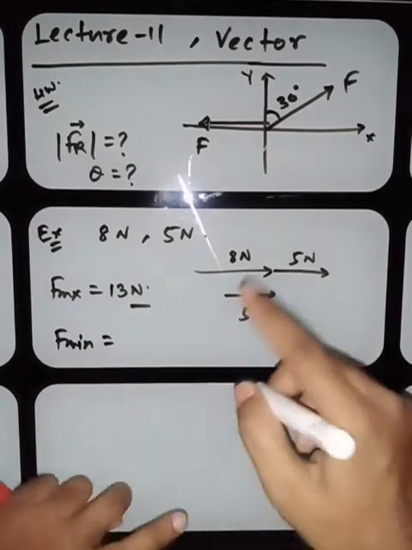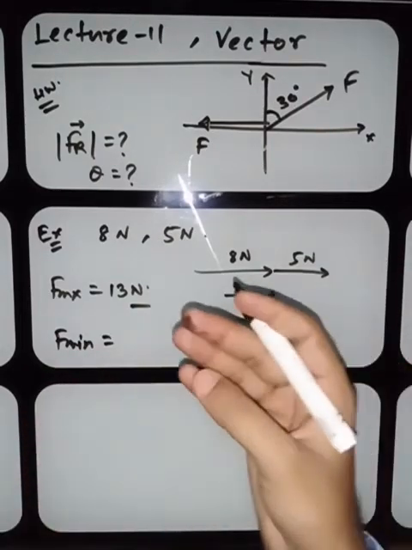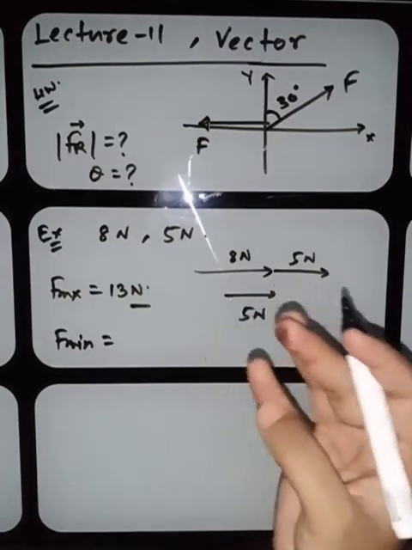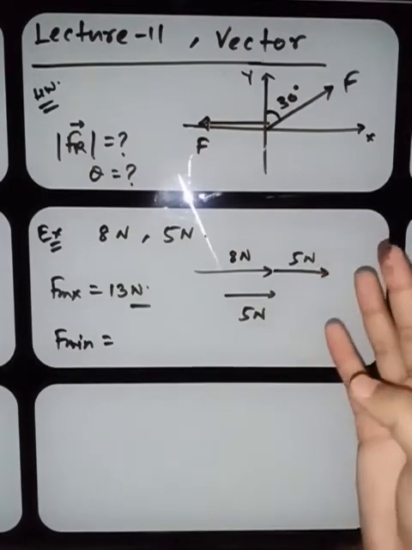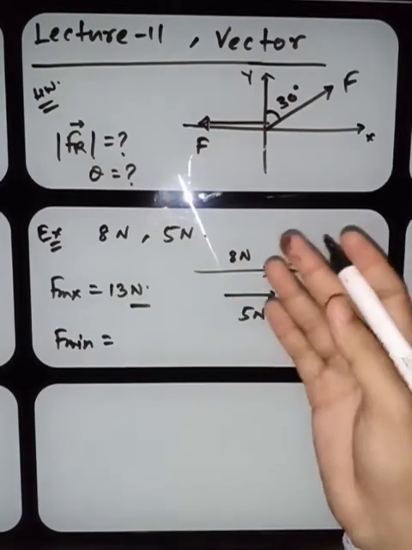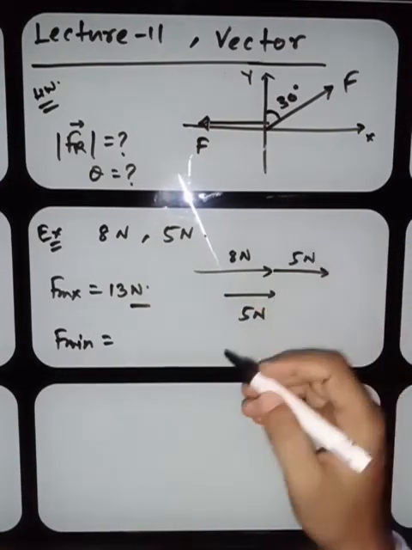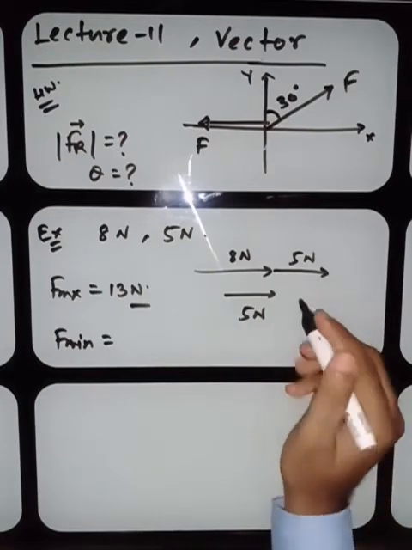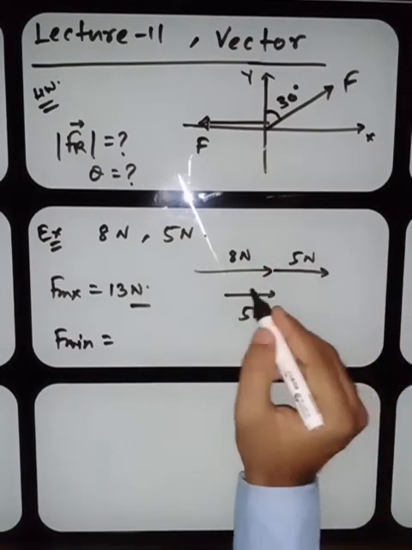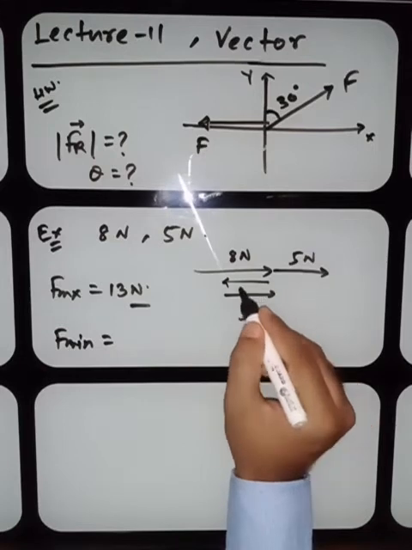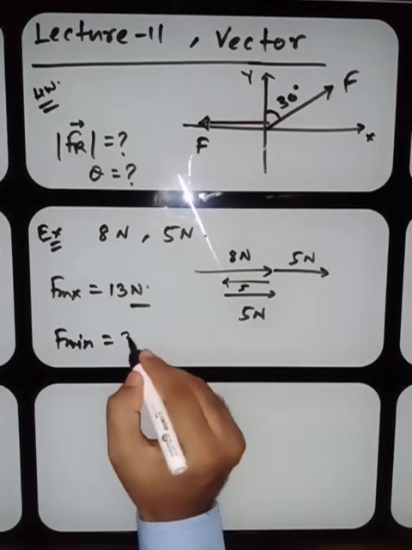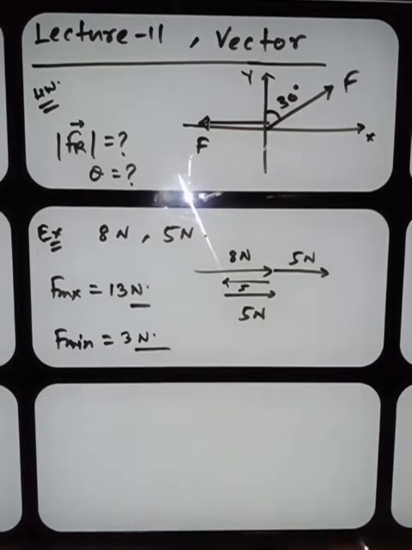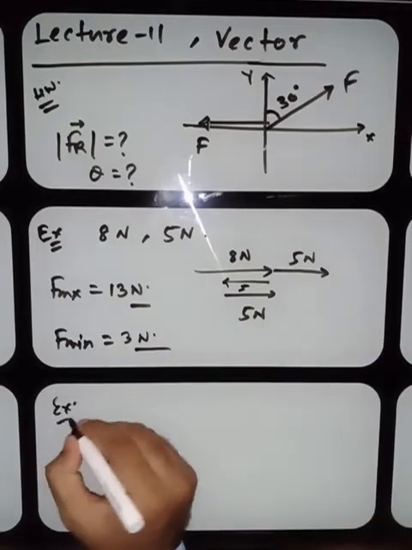We have studied the different cases: if the two vectors are inclined at theta equal to 0 degree, 90 degree, 180 degree, we get the maximum resultant when theta is 0, and the minimum resultant when theta is 180 degree. 180 degree means this vector is flipped this way. So the minimum will be 8 minus 5, which is 3 Newton. This is the answer.